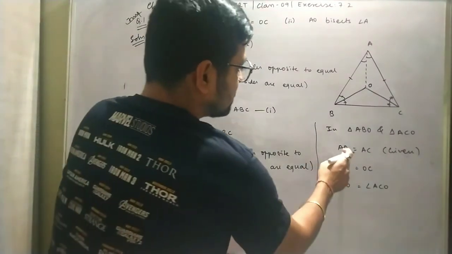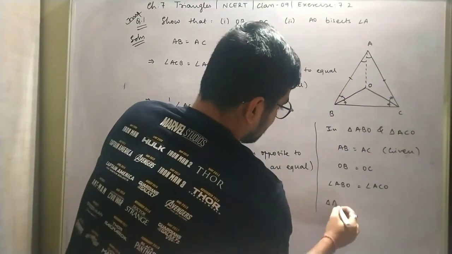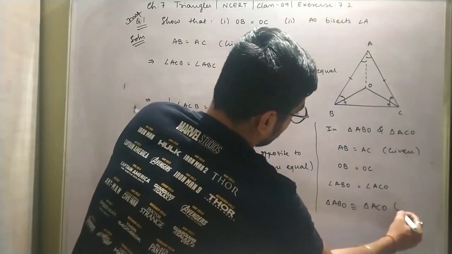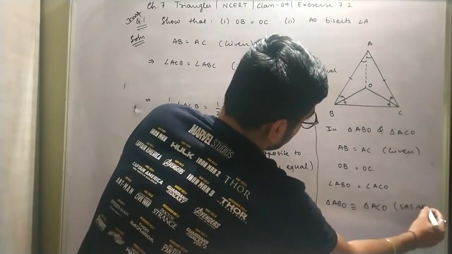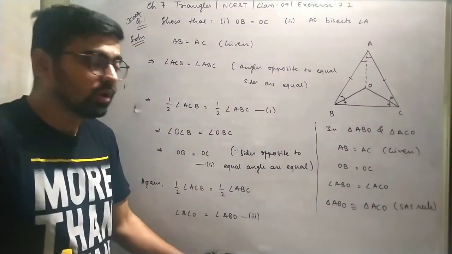Now if you look at these three criteria, side, angle and side, then I can say the triangle ABO is congruent to triangle ACO by side, angle, side criteria, or side, angle, side congruent rule. Simple.